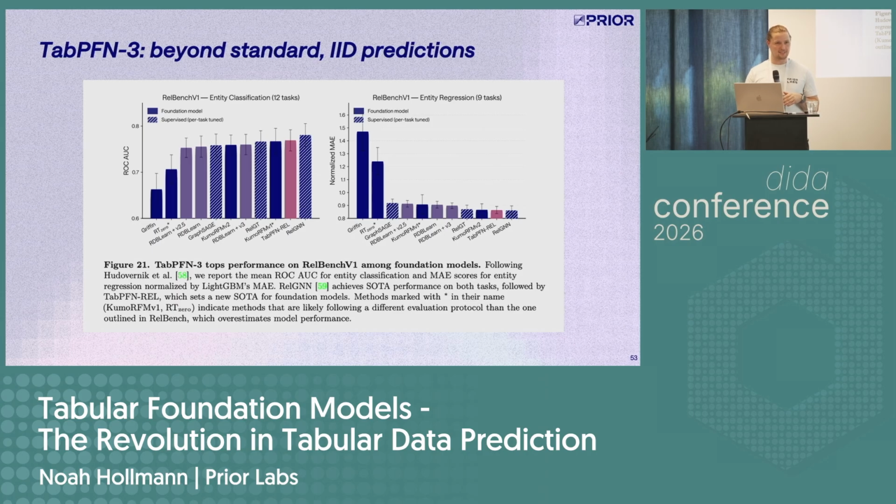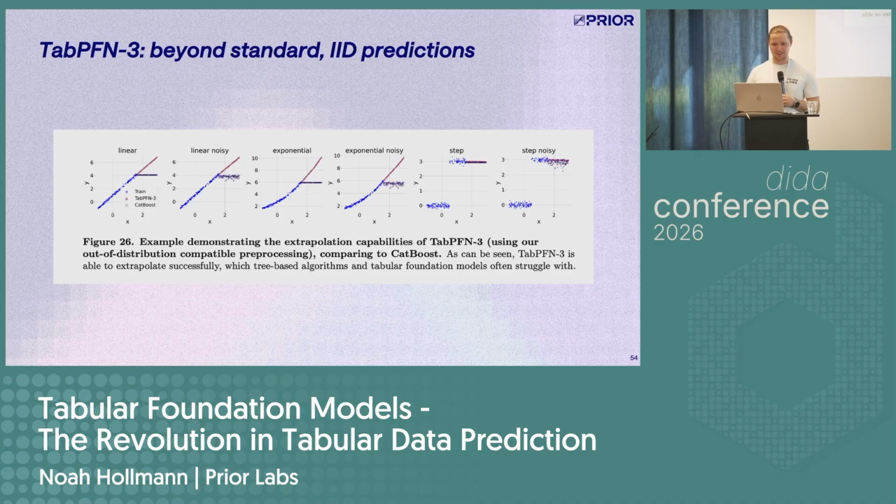And then things like relational data, this is also something that's very important to us, right? You want to be able to take your entire database as a context and not just a single table. And here we showed that just taking relatively simple wrappers around our models can already do this. And we are working on the more native variant of this as well.